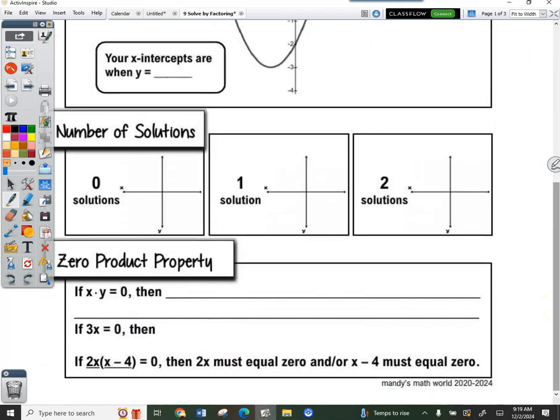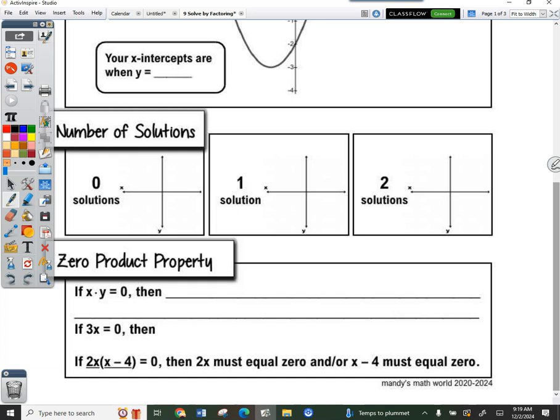At the bottom of the paper, on the Thursday before the break, we talked about how there's different scenarios for solutions. What are the possible scenarios for the solutions to a quadratic? How many possible solutions could you have?